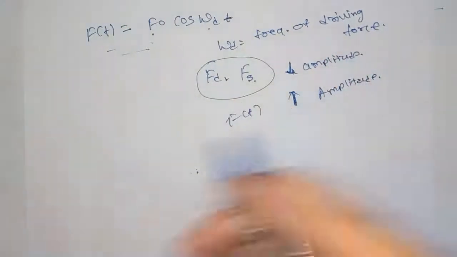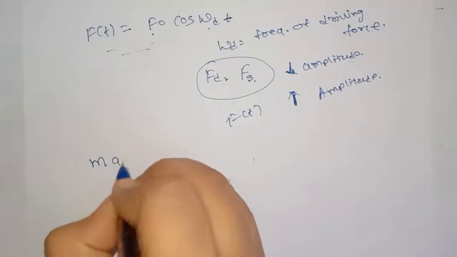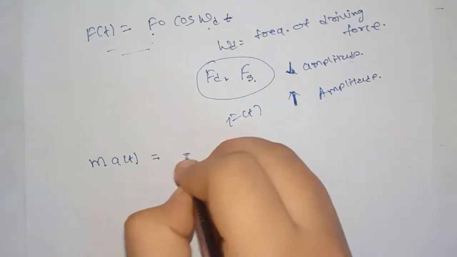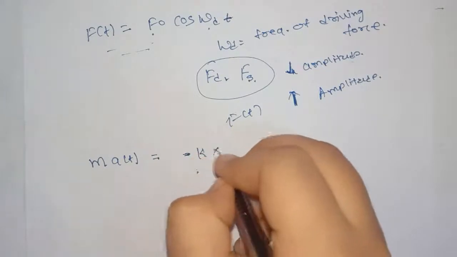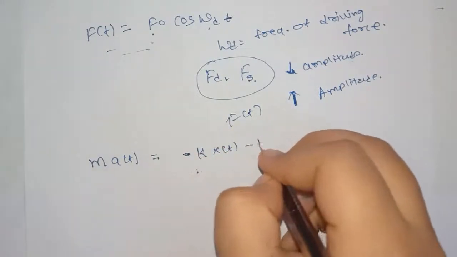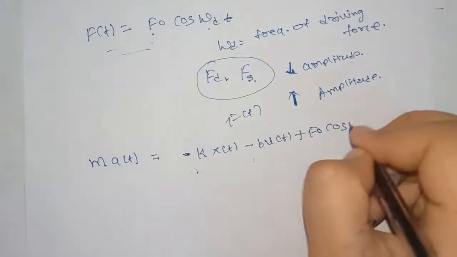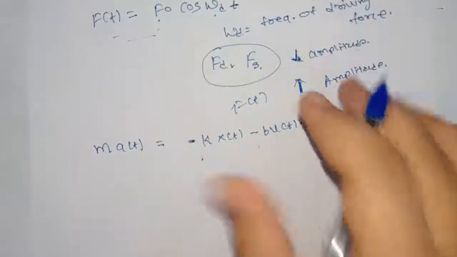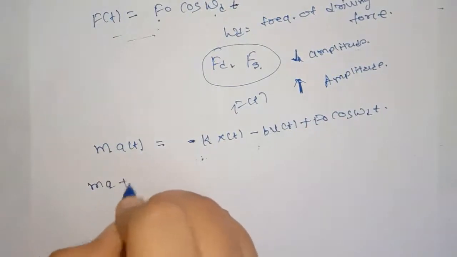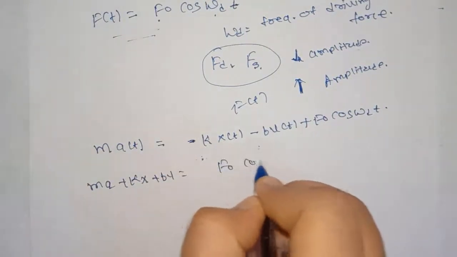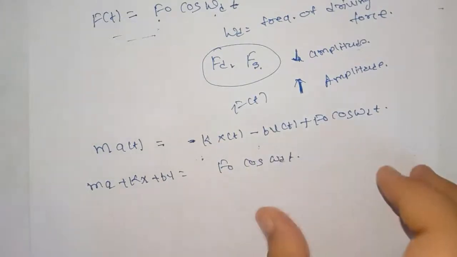So the net force: ma is equal to minus kx minus bv plus f naught cos omega d t. So ma plus kx plus bv is equal to f naught cos omega d t.